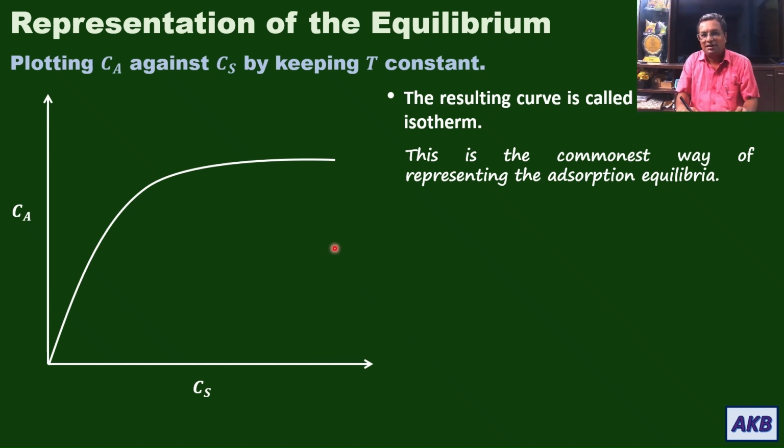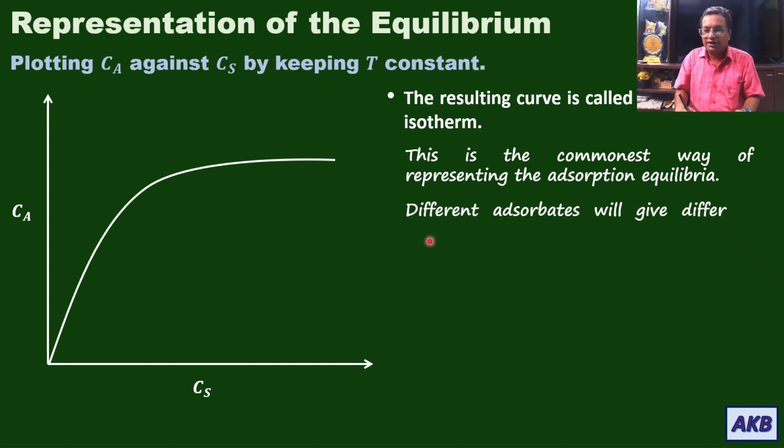In my next video, I will be discussing different adsorption isotherms. For the time being, this is a plot of concentration in the fluid phase against concentration on the surface of the adsorbent.